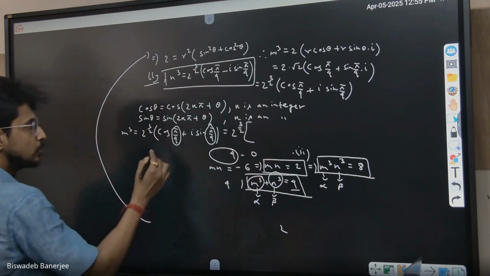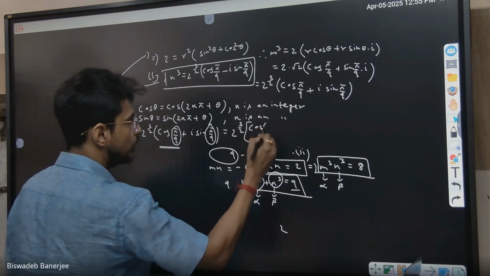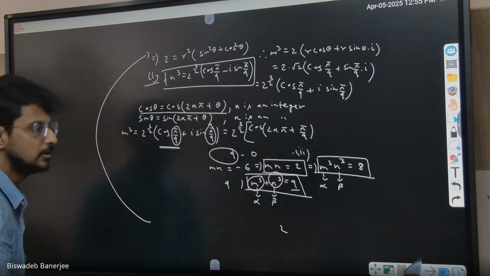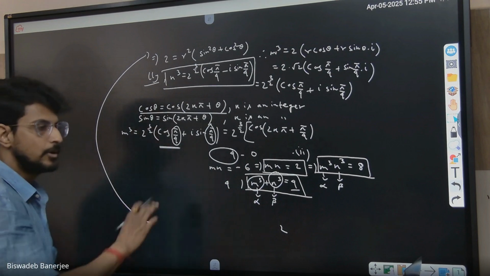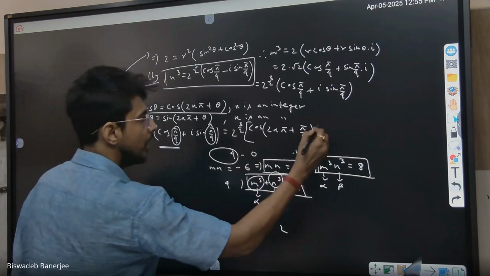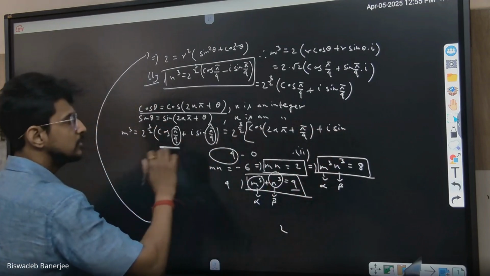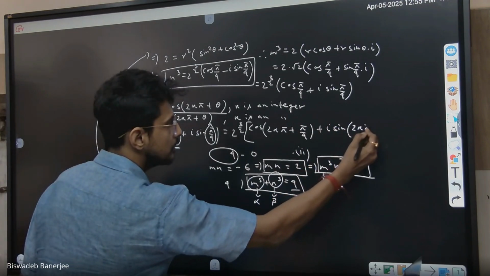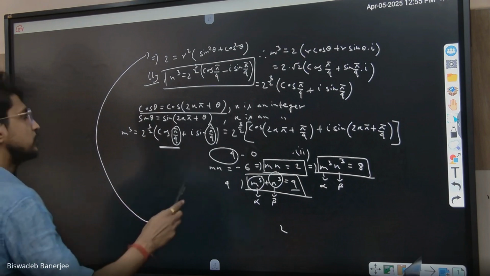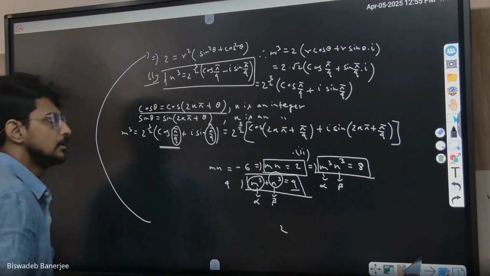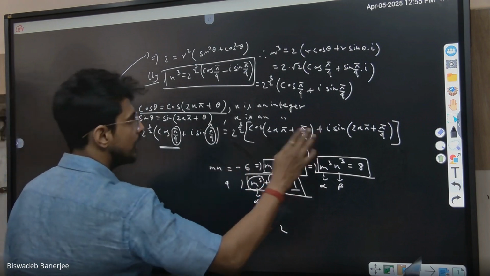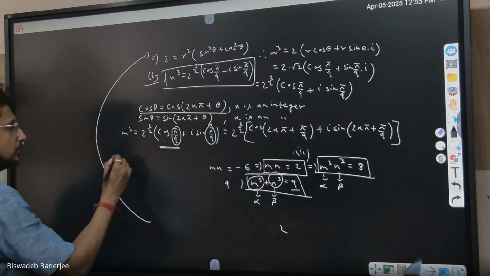Cos theta is equal to cos of twice k pi plus theta, and sin theta is equal to sin of twice k pi plus theta. We have done this in our complex number chapter. These are my m cube and n cube.